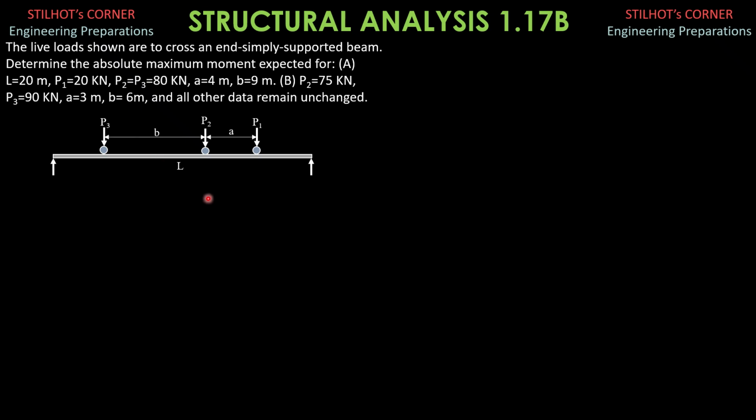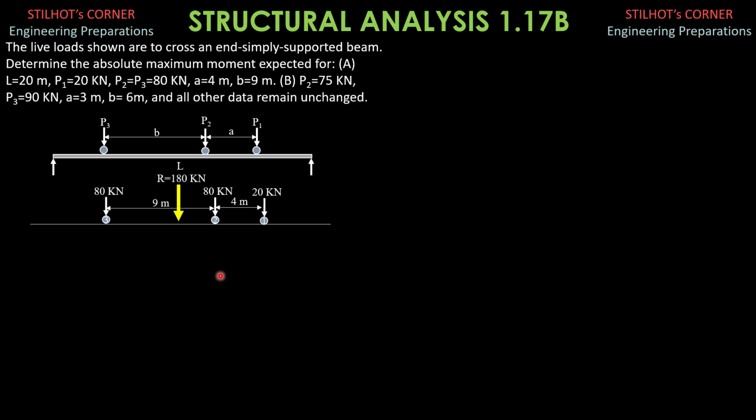So here is the given figure. First, let us compute the location of the resultant if all the loads remain on the span. For part A, A is 4, B is 9, and P2 equals P3 equals 80. If all the loads are on the span, then 80 plus 80 plus 20 is 180.